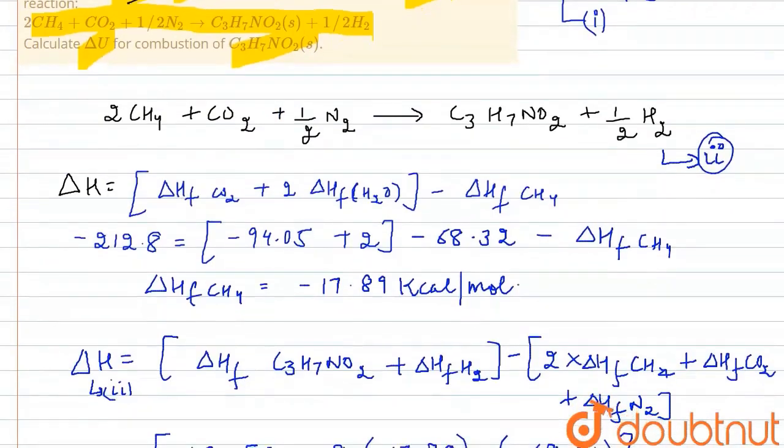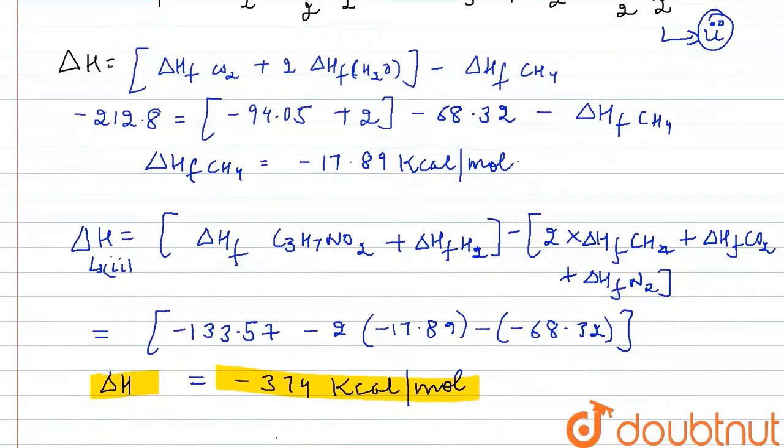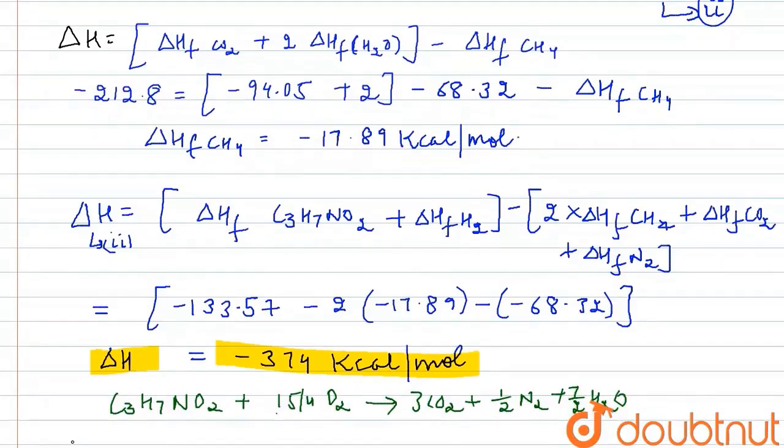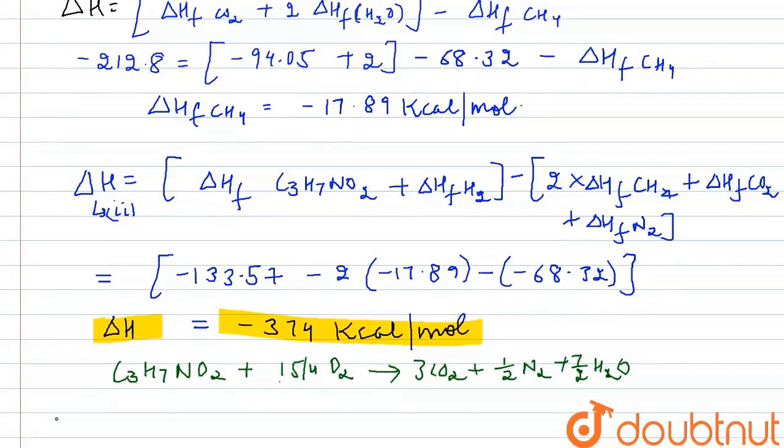Now the second part is to calculate delta U for the combustion of C3H7NO2. So firstly I'm going to write down the reaction for the combustion of C3H7NO2. So we have C3H7NO2 plus O2, writing down the balanced equation. How much will it be? 15 by 4 O2. This is the balanced equation, giving 3 CO2 plus half N2 plus 7 by 2 H2O. So we are going to calculate the delta H here.